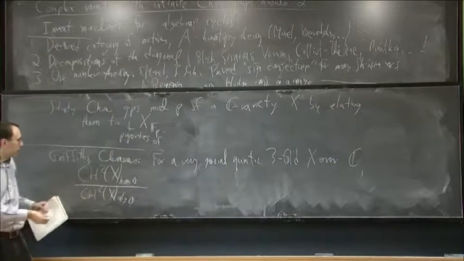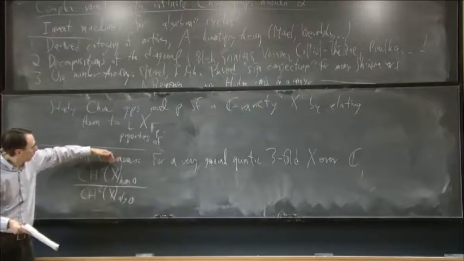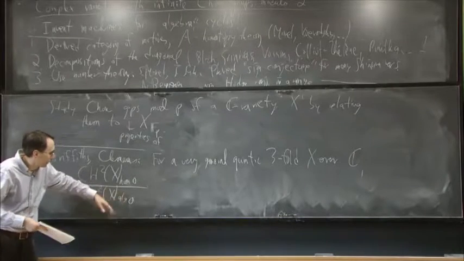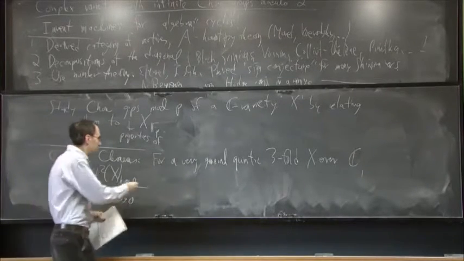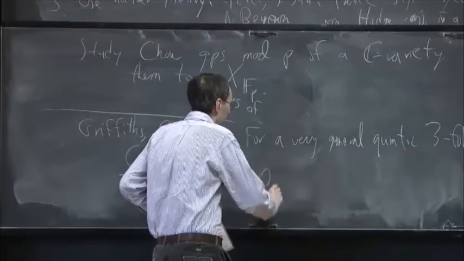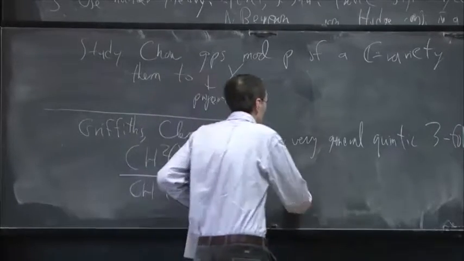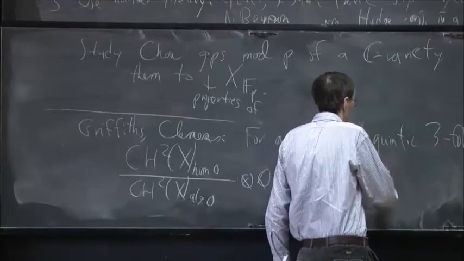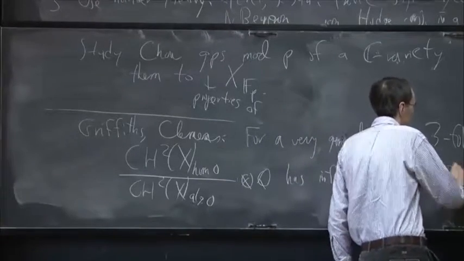This group could well be uncountable, but this quotient is more or less obviously countable, because you're dividing out by all the continuous families of cycles. It's a countable abelian group, but it's otherwise as big as it can be. So this group tensor Q has infinite dimension as a Q vector space.